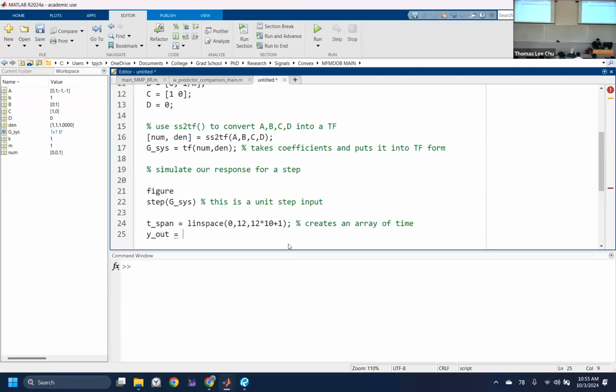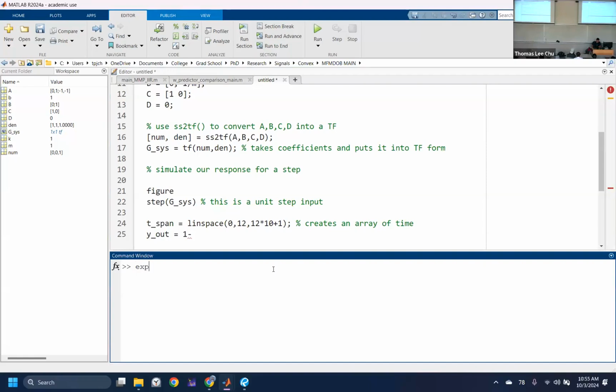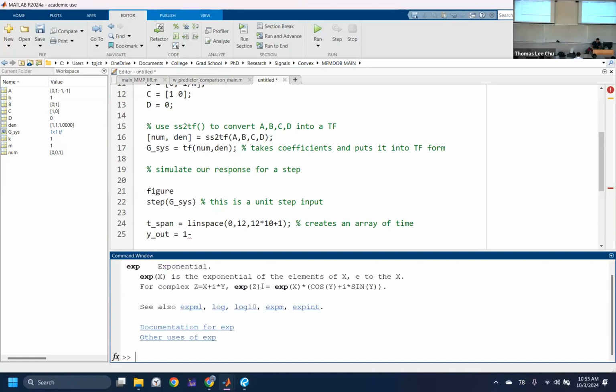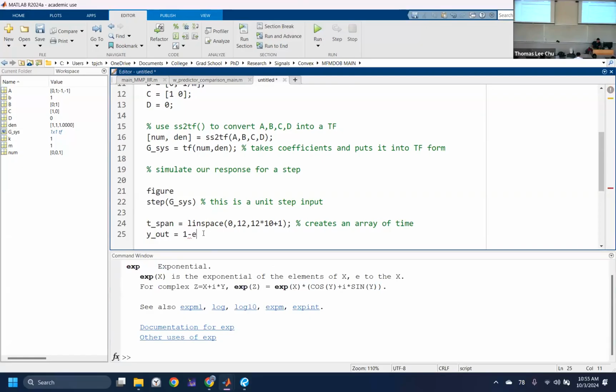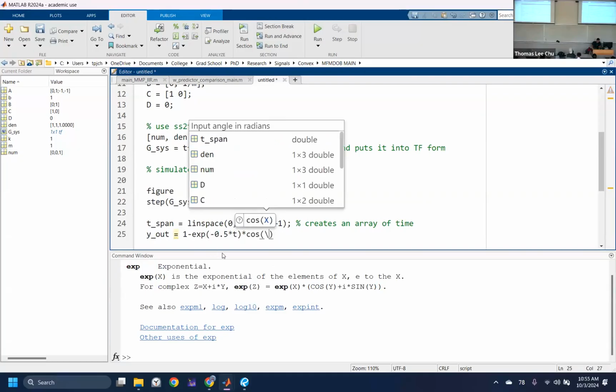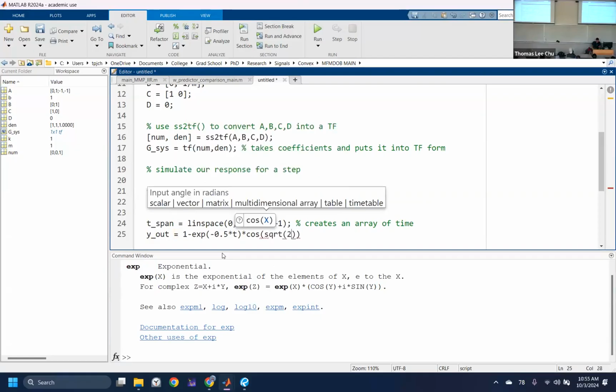Our solution is going to be 1 minus exponential, not E, yes, exponential, just double checking, exponential of minus 0.5 times t, times cosine, and here cosine's in radians, of square root of 3 divided by 2 times t.